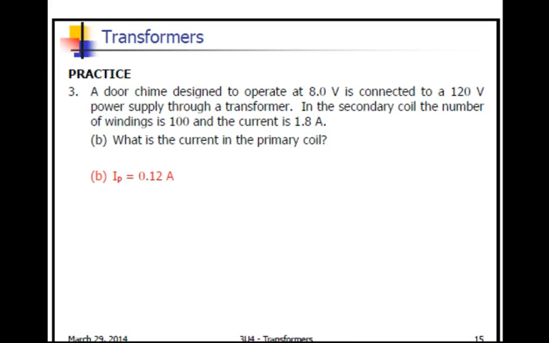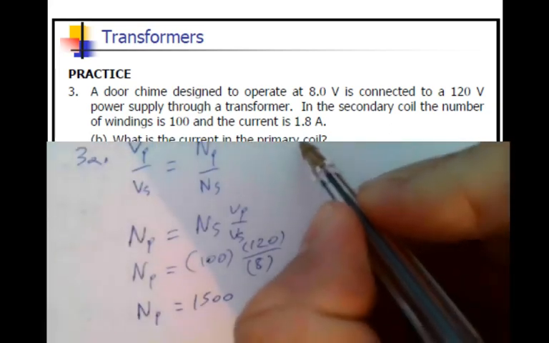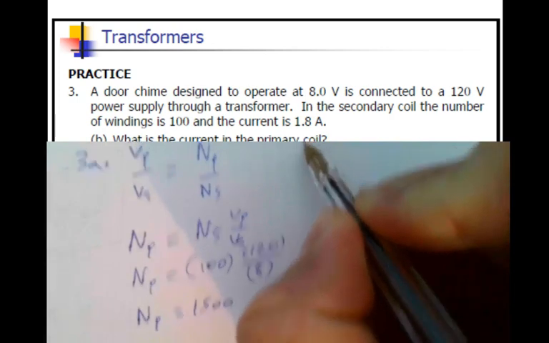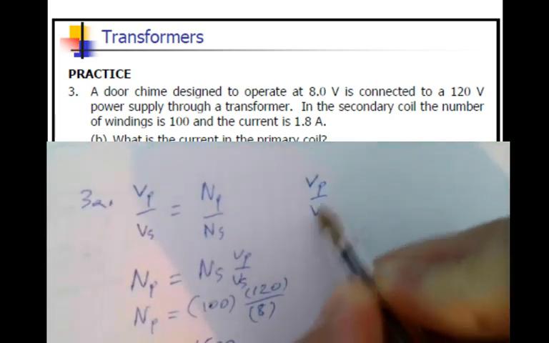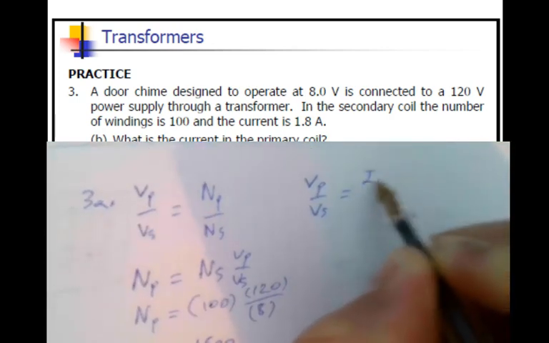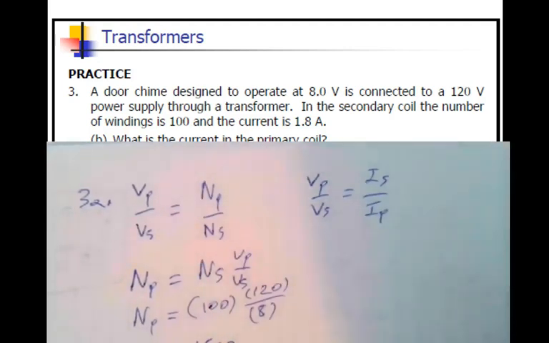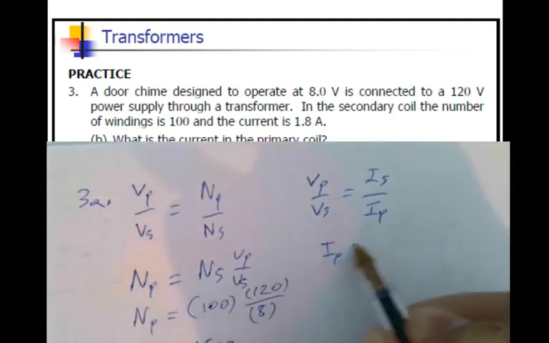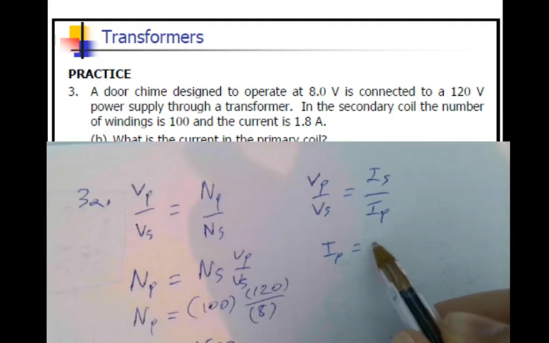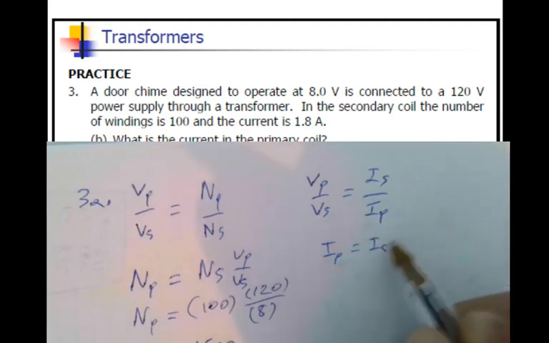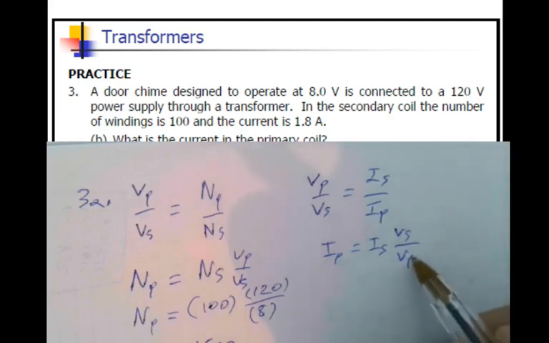What's the current in the primary coil? So our current would be, let's go back to Vp over Vs equals Is over Ip. So Ip in the primary would be Is times Vs over Vp after rearranging.